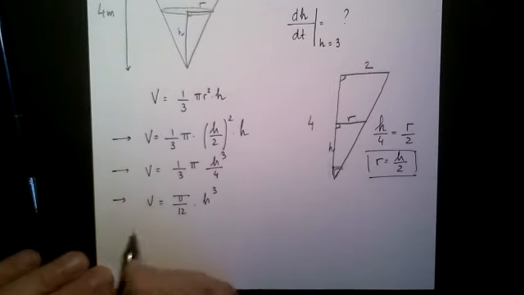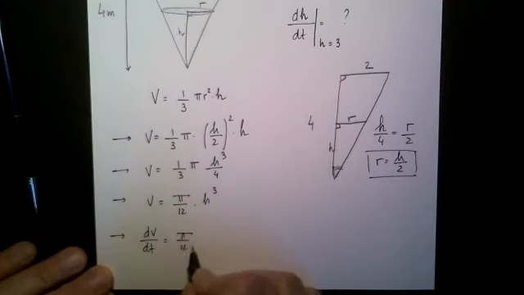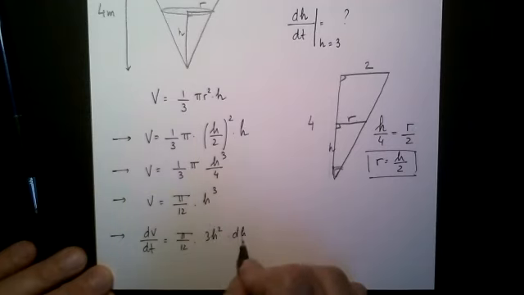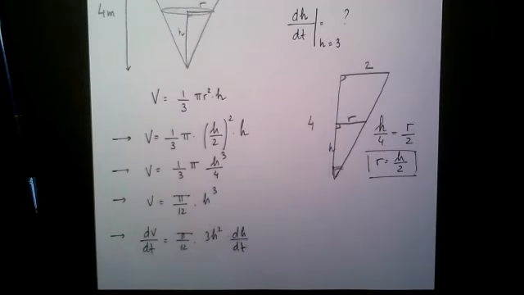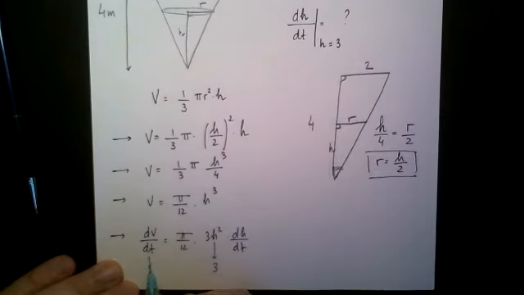Okay, let's go. Derivative of both sides with respect to t. So dV/dt is equal to pi over 12 times 3h squared times dh/dt. And that's it. h, they told us, is 3 and dV/dt was given as 2.